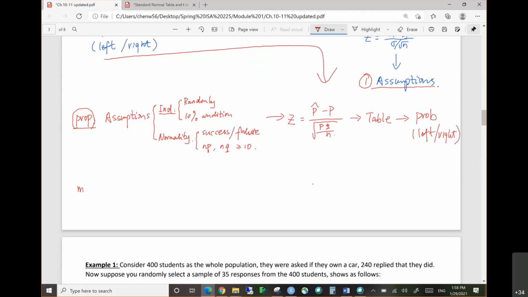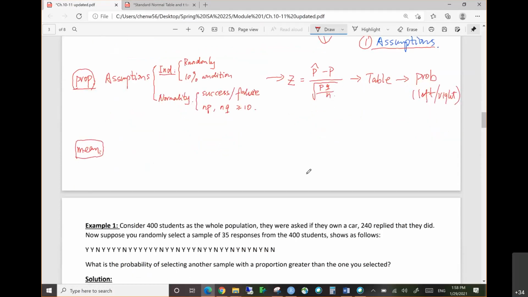Now, what if we care about the mean? We want to find the probability to the left or to the right of one sample mean. The first step, again, is the assumptions.